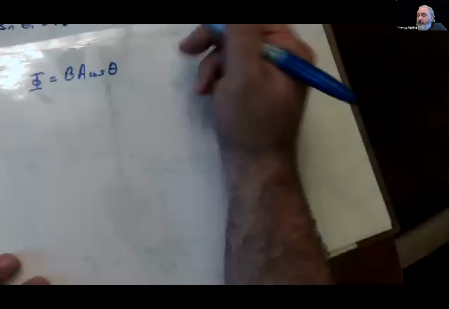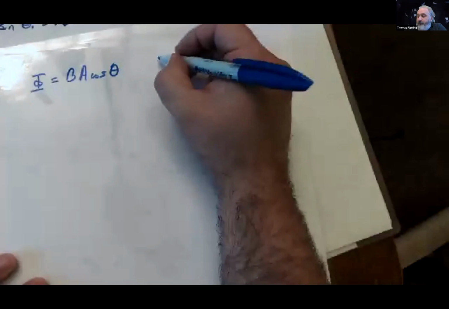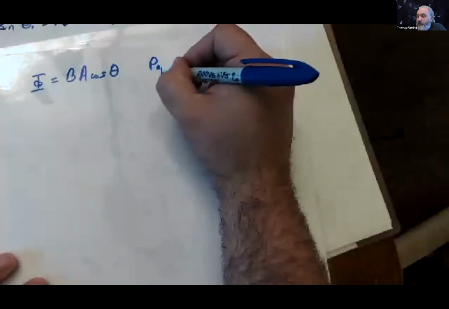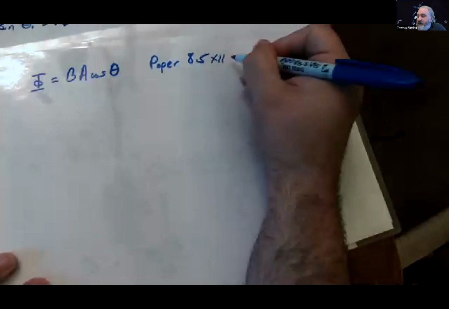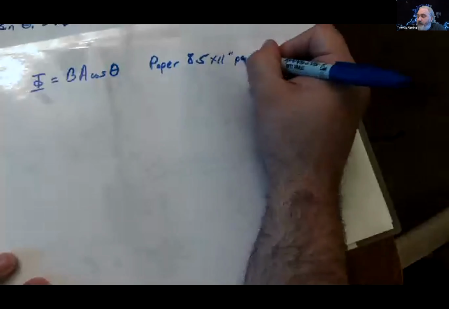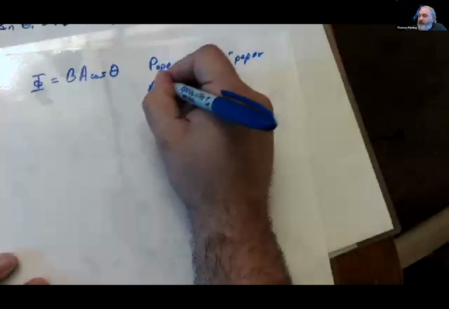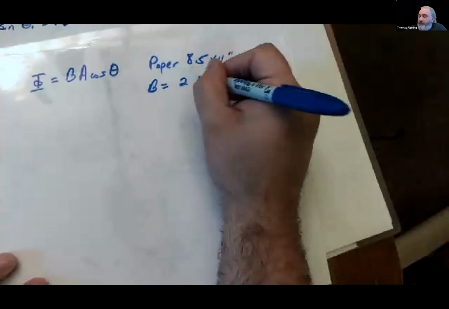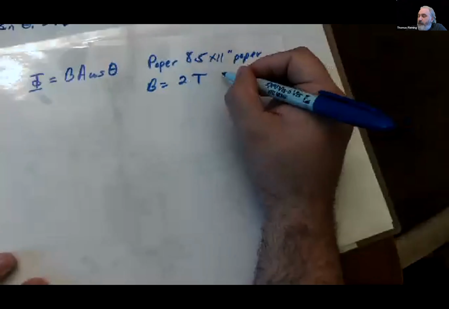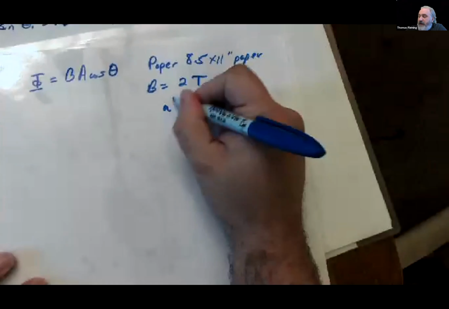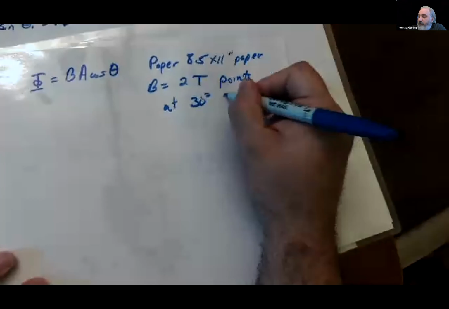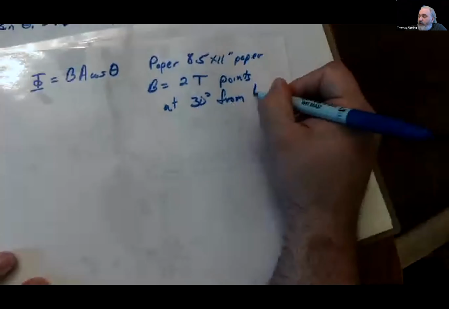Yeah. So again, let me write down in words what I'm asking you so that it's clear. I have this piece of paper, and of course the paper is 8.5 by 11 inch paper. There's a magnetic field, let's say that it's 2 Tesla, but it points at 30 degrees from the horizontal.